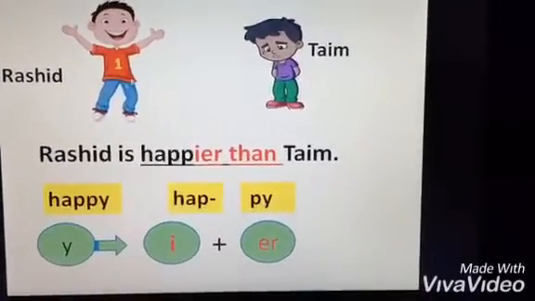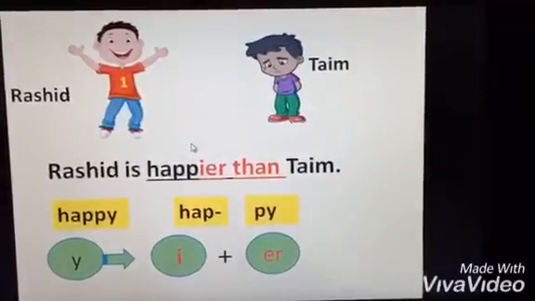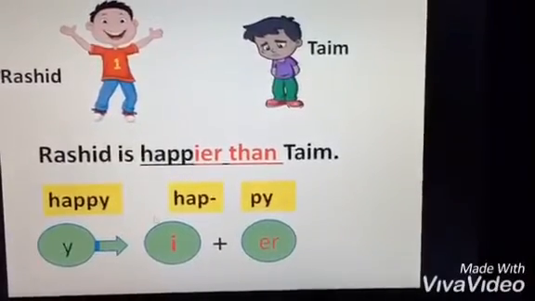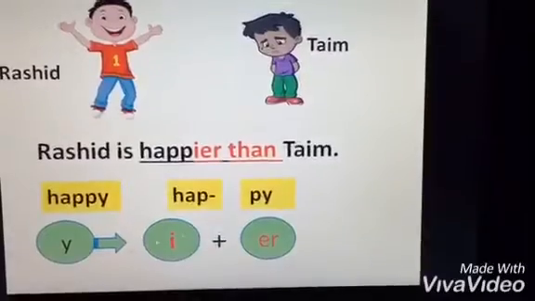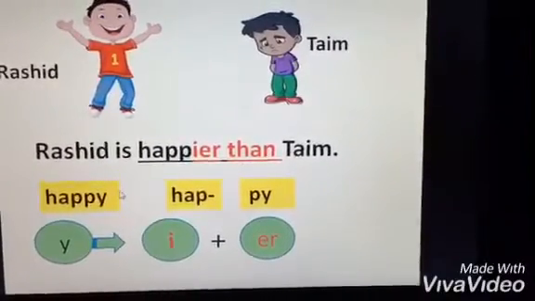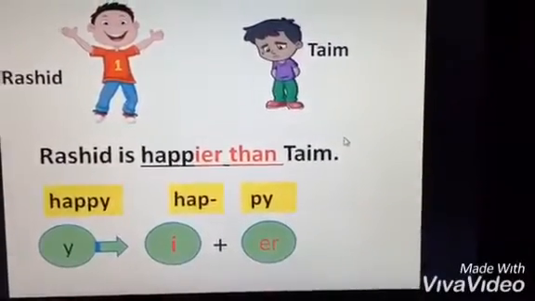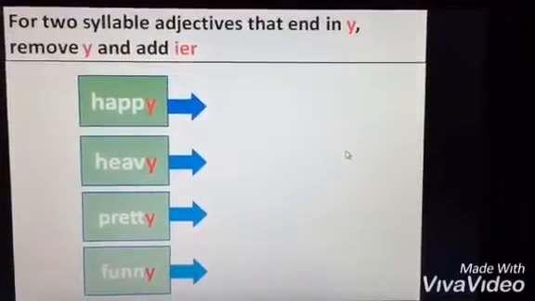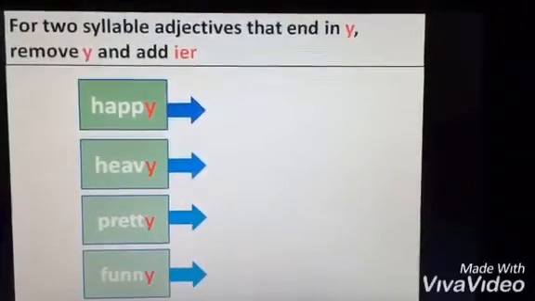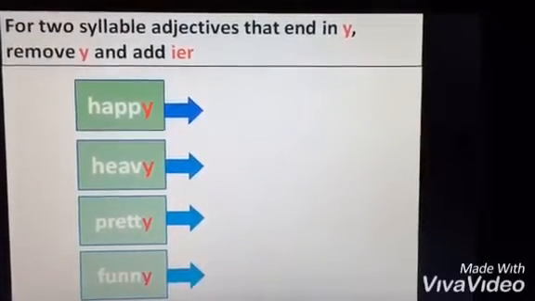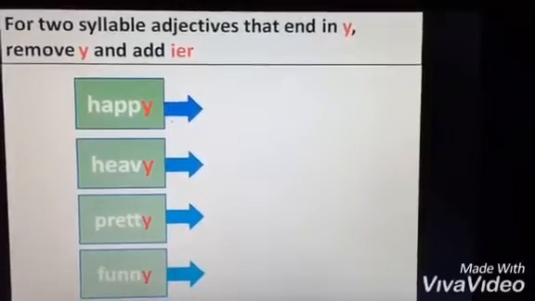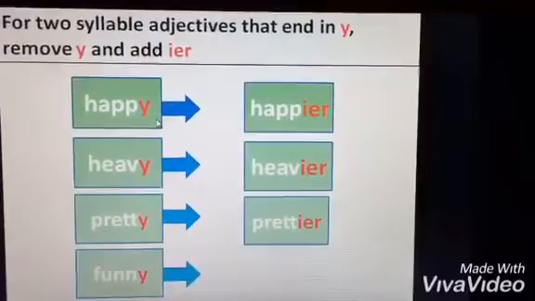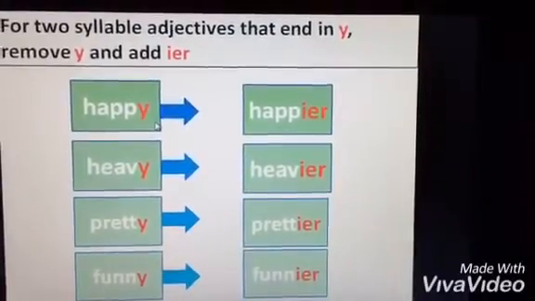So if the adjective ends with letter Y, you have to remove Y in the end and write I instead of it. Happy, happier. Rashid is happier than Tim. So for two syllable adjectives that end in Y, remove Y and add IER. Happy, happier. Heavy, heavier. Pretty, prettier. Funny, funnier.